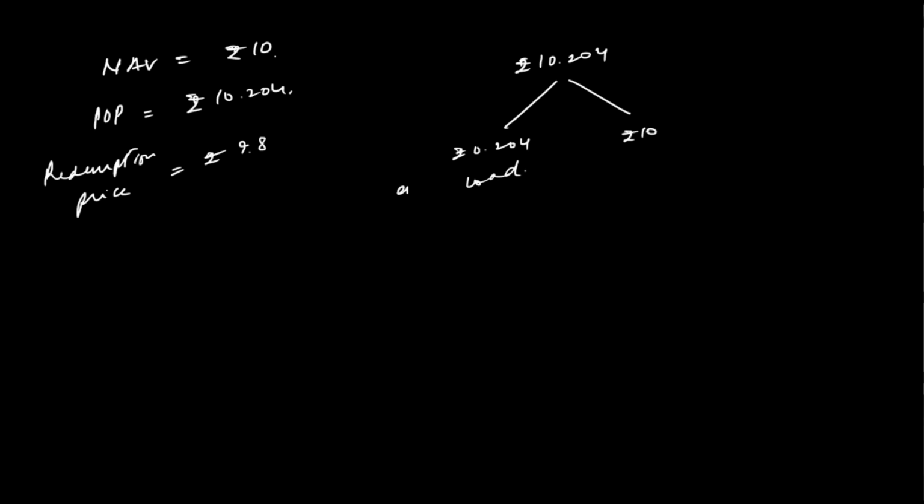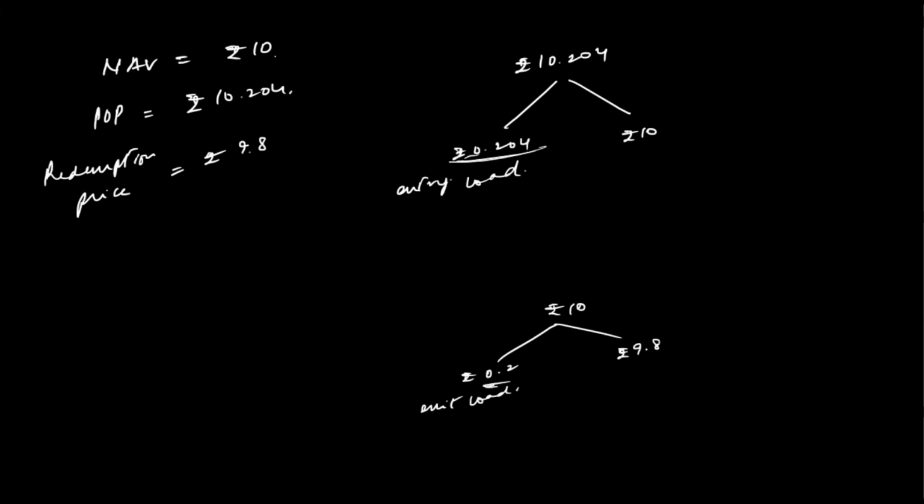This is entry load. Similarly, if an investor redeems rupees 10 from the investment, then rupees 9.8 goes to his bank account and the balance 0.2 is deducted towards exit load or back end load. So we have derived this.